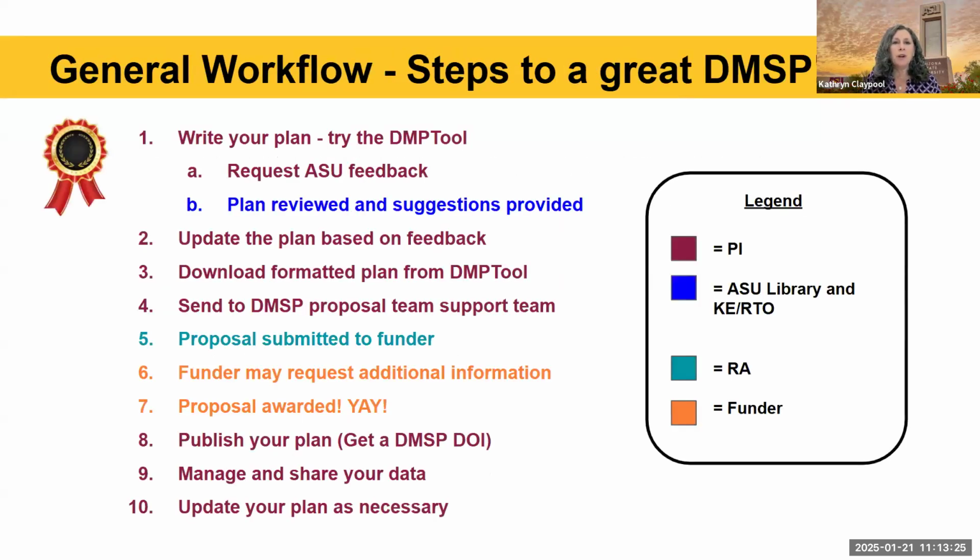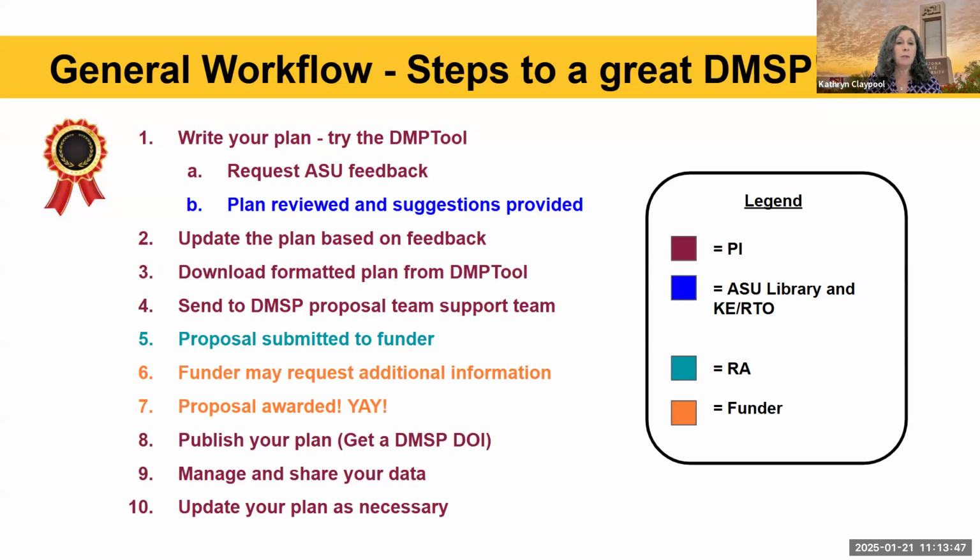So here's a general workflow and steps to a great data management and sharing plan. We put a little legend on here and color coded it so that you could see where everyone fits into the workflow. Most of it is going to be on the PI. So once you're writing the plan, you're using the tool.